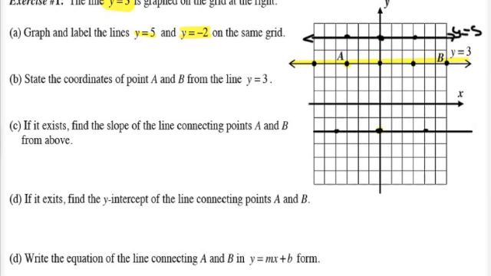Make sure you write your arrows. And that's y equals negative 2. And take notice, this y-intercept here is negative 2. The y-intercept here is 3, and the y-intercept here is 5.